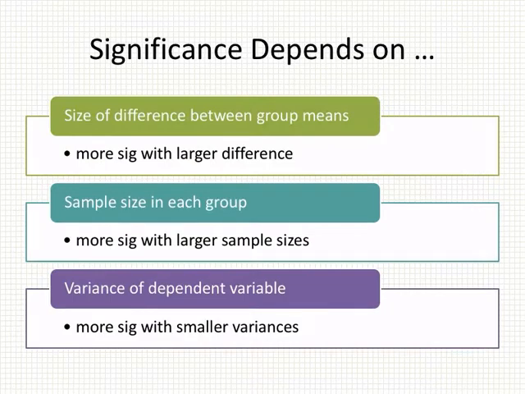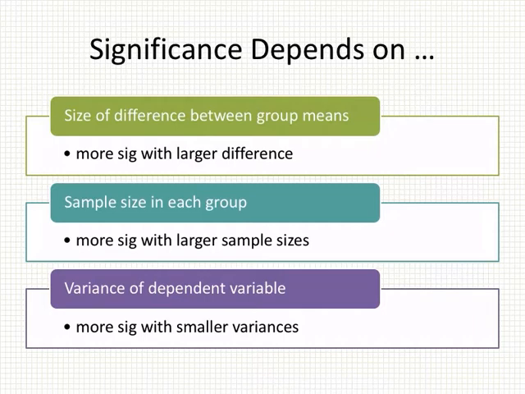Okay, and whether we get significance in terms of the F-test depends on these factors, and I think we've mentioned a little bit of that. One is the size of difference between the group means. If they varied more largely, then we're likely to detect a difference versus if they were closely together. And sample size in each group.